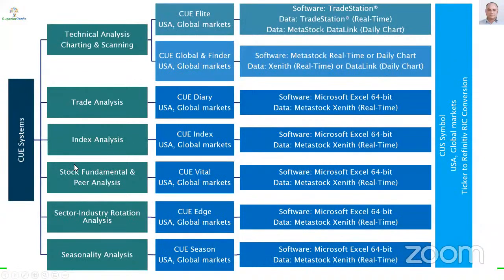These are the Q systems. In the Q Master classes, we are going through each system at a time. Today, we are going to cover Q Global Market Breadth. That is an addendum to Q Global.